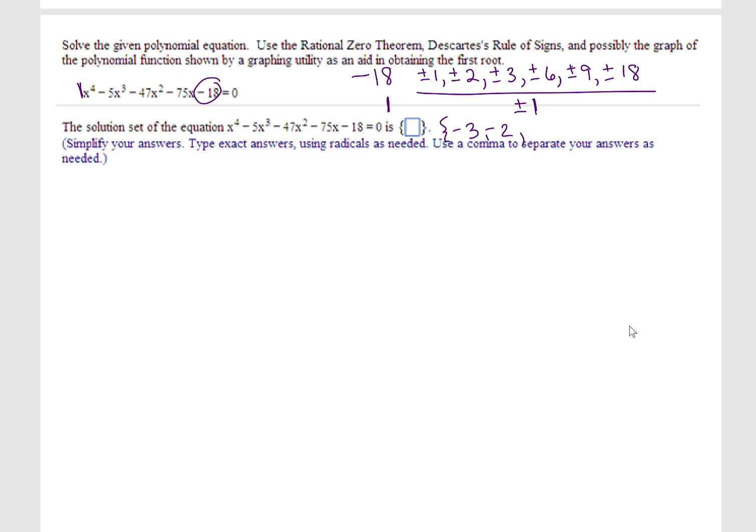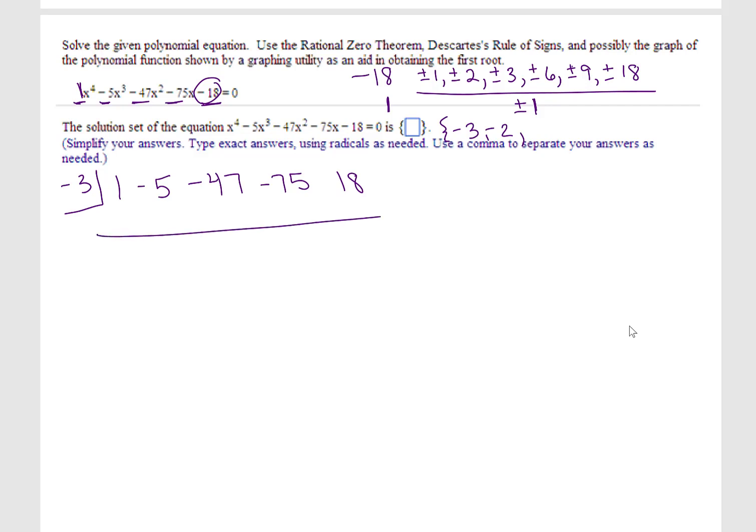So negative 3, I'll use my coefficients. There's no powers missing. It's in descending order. So I'll use those coefficients: 1, negative 5, negative 47, negative 75, and then that constant 18. Those are some yucky numbers.